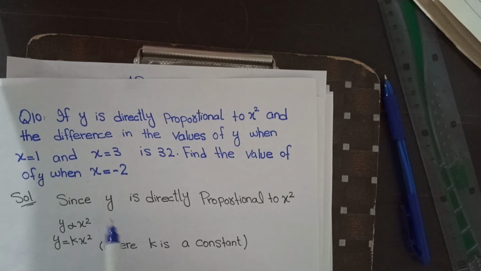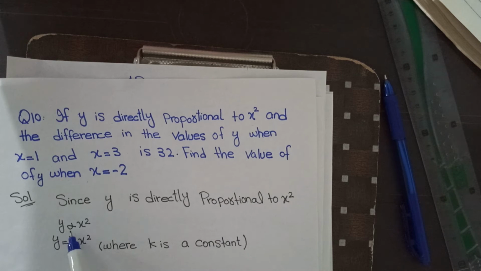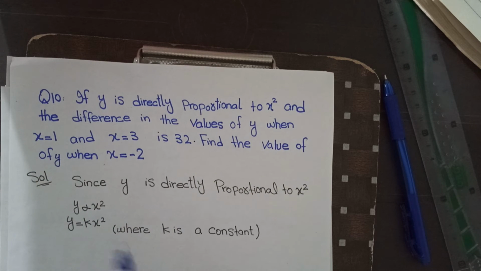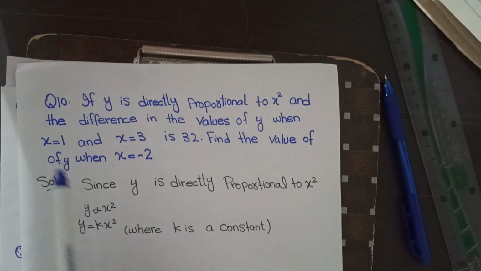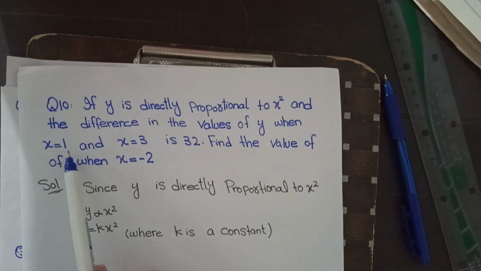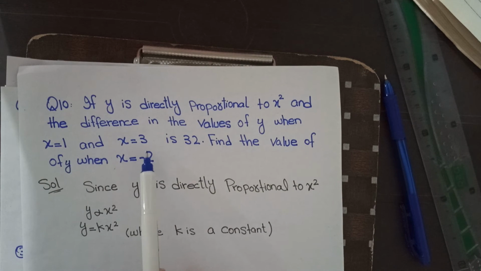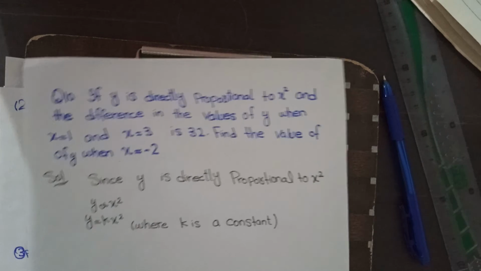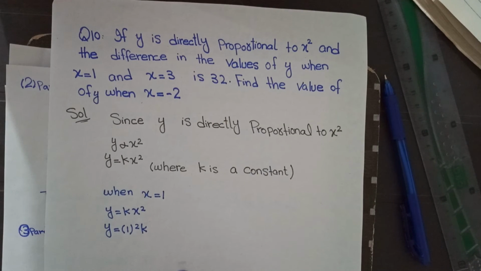Solution: since y is directly proportional to x square, this is a proportionality sign; change it with equality. We insert k, where k is a constant. First of all, when x is equal to 1, put the value of x in that equation.